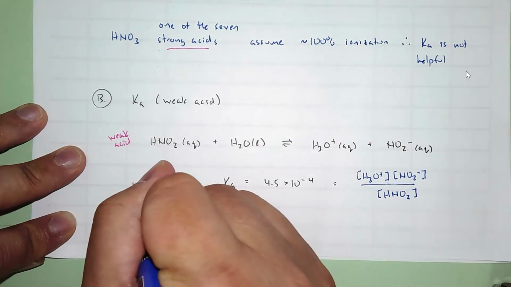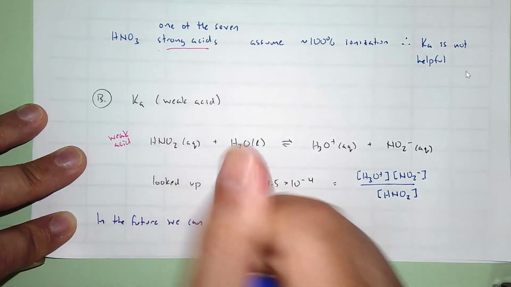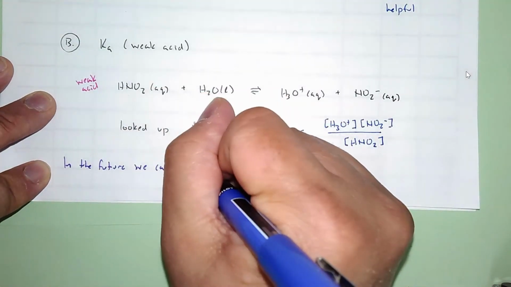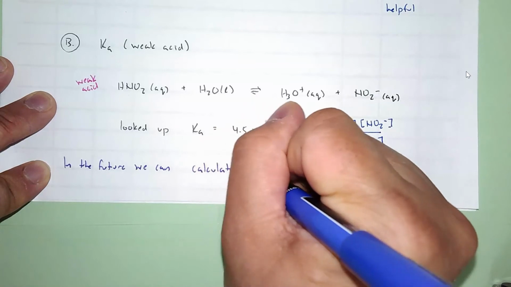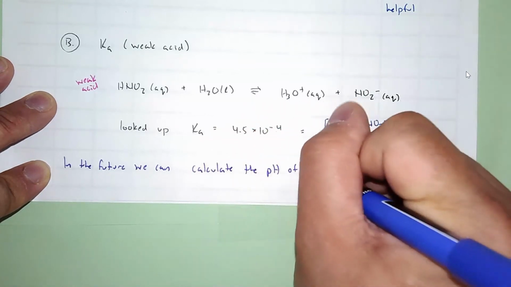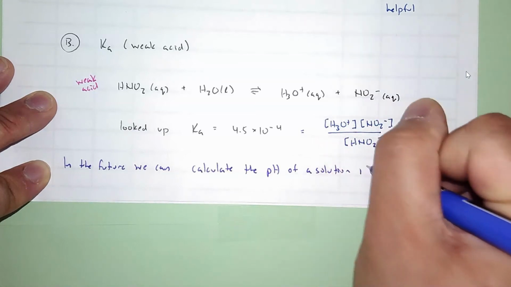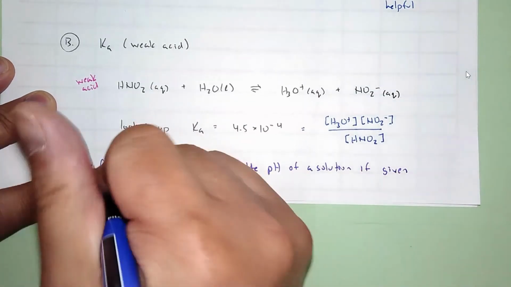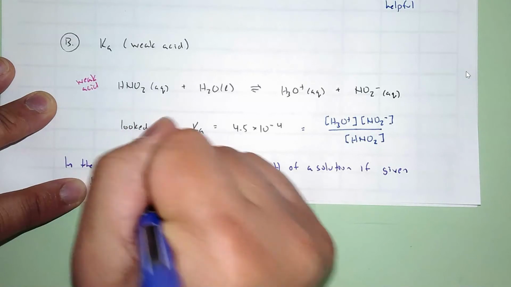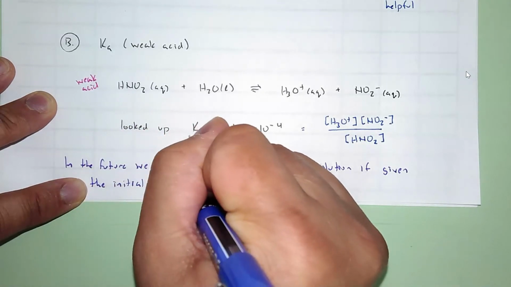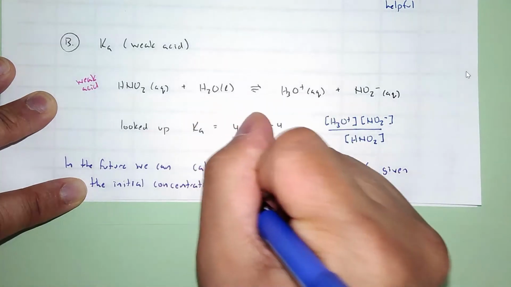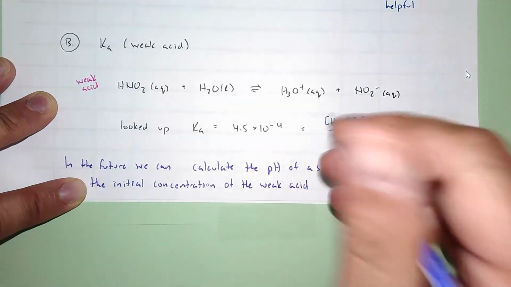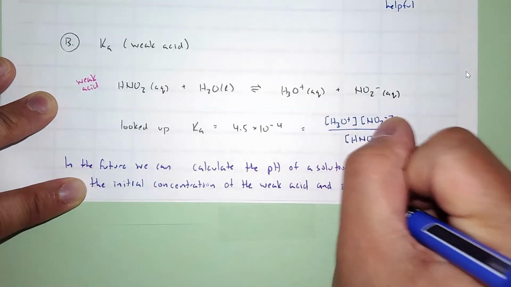In the future, we can calculate the pH of a solution if given the initial concentration of the acid, and we'll say the weak acid, and its Ka.